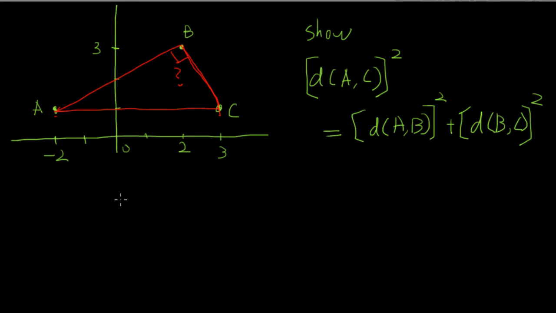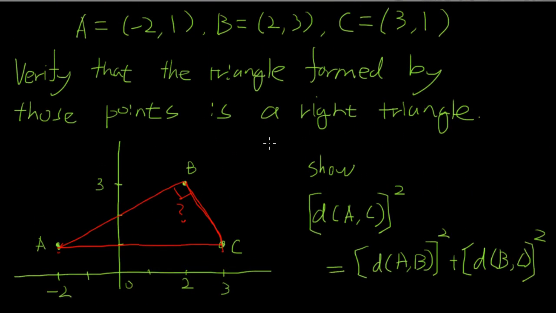So that's a lot of calculation, but remember, this is basically just adding, subtracting, and multiplying, not even dividing, right? I mean, how hard can it be? So let's find the distance between A and C. What are those points?